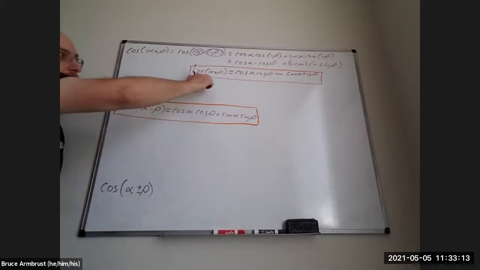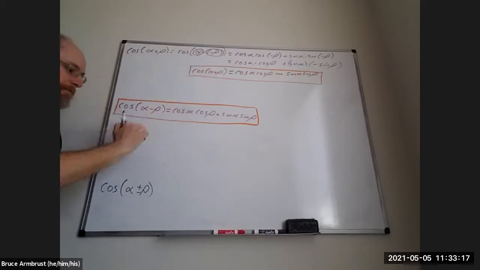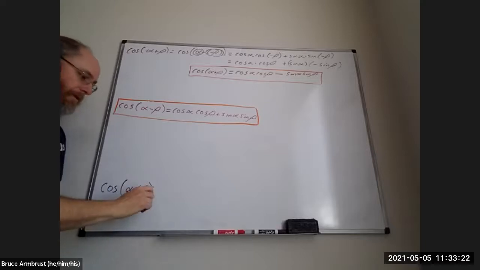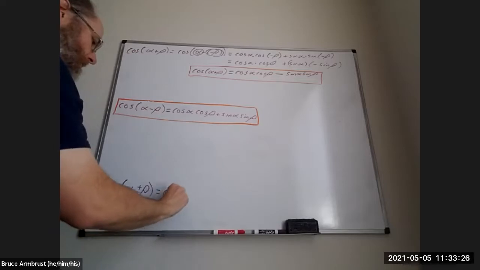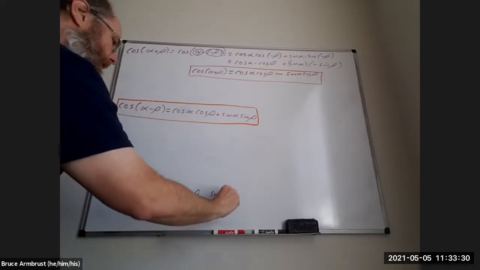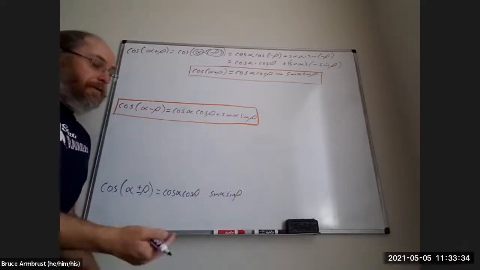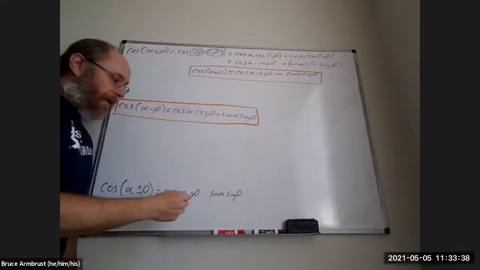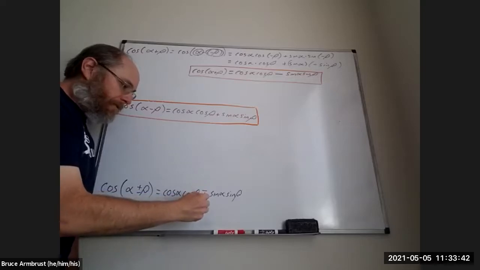Since on the left-hand sides the only difference was one was a plus, the other was a minus, I'm going to put plus or minus. And then again, they both have the same form. There's a cosine alpha, cosine beta, sine alpha, sine beta. But again, I need to allow those to be both the positive and the negative. But I'm not going to write plus or minus. I'm going to write minus plus.